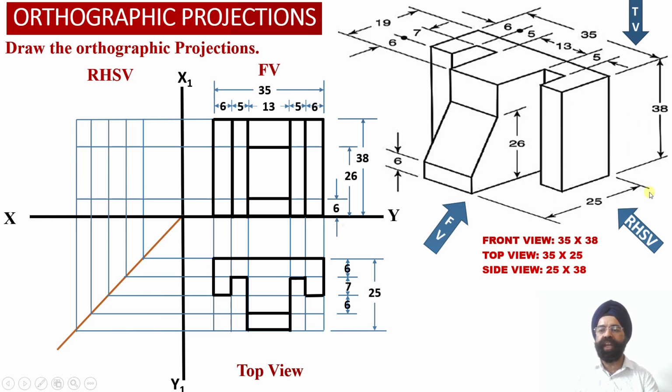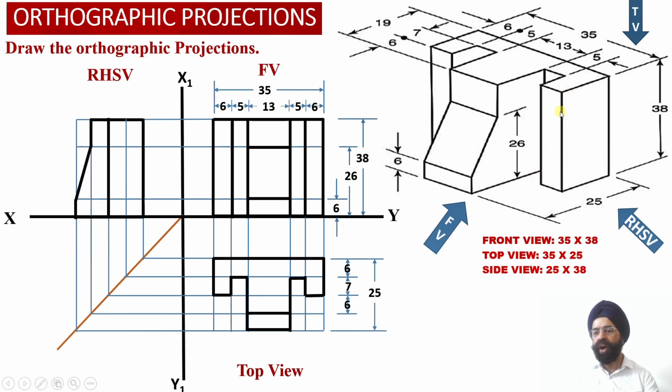Next, when we observe the solid from the right hand side view, we observe that the rear surface of the solid will be projected as an edge view into the right hand side view projections. Then the base of the solid will be visible to the observer.